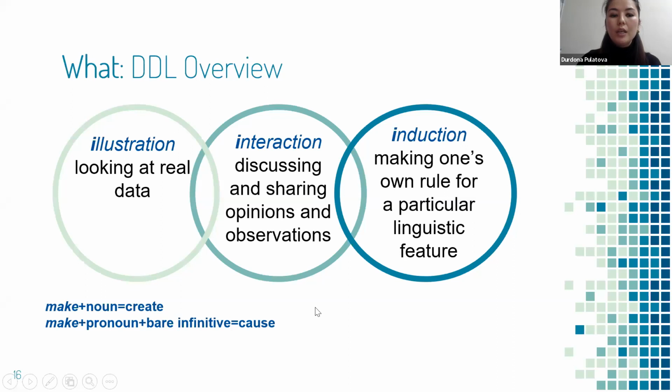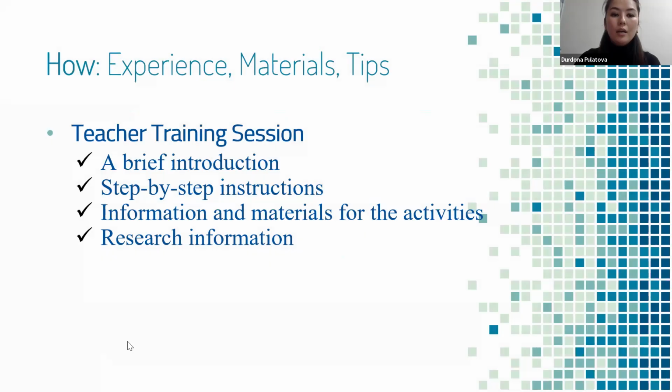And then I gave the next example with another meaning of make plus pronoun and then bare infinitive, which means the cause. They discovered two linguistic features of make. If your students were doing this activity and had trouble here, you could give them a hint to look at the verb.